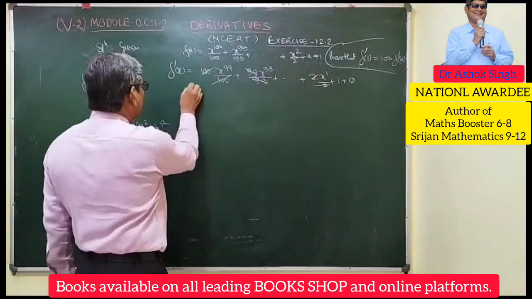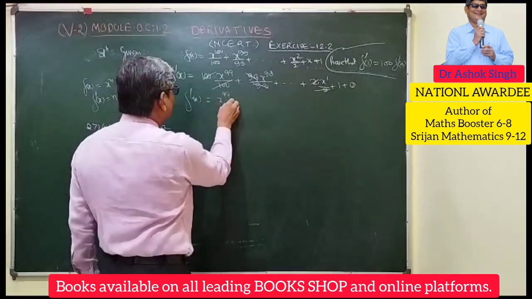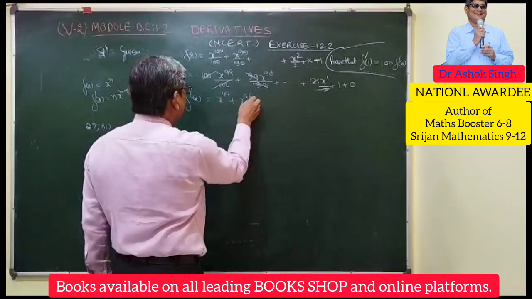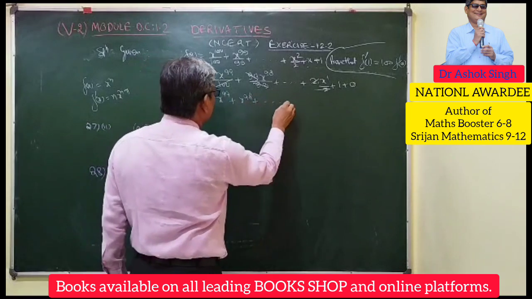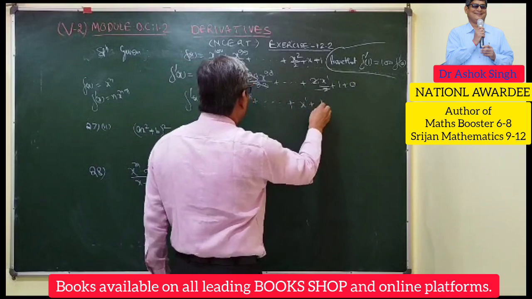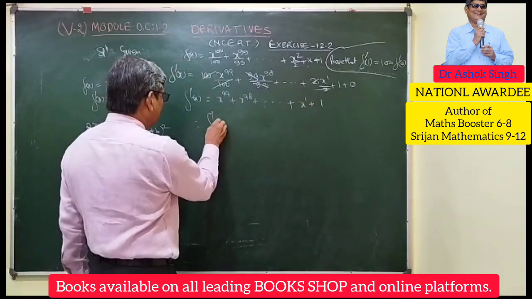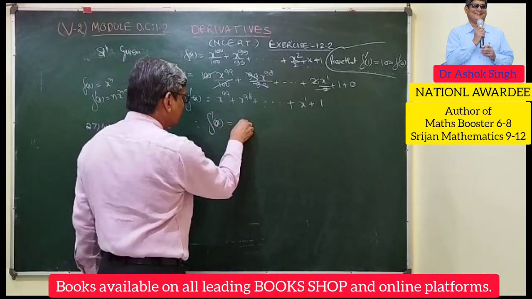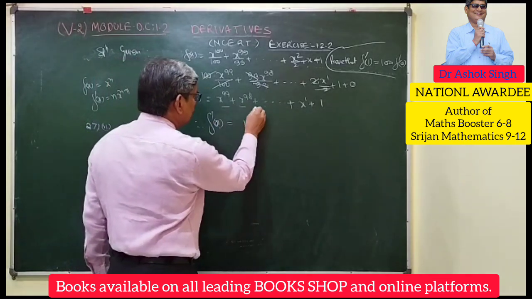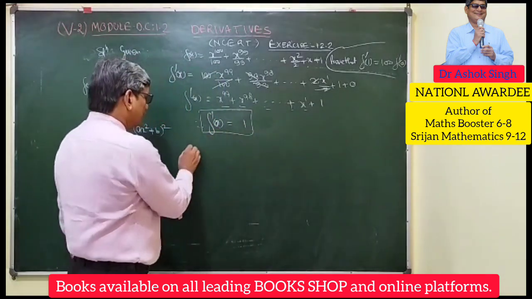So ultimately you are going to have f dash x is equal to x to the power 99, plus x to the power 98, plus x to the power 97, and so on, plus x plus 1. Therefore f dash 0 is equal to 1, because all the other terms are 0.